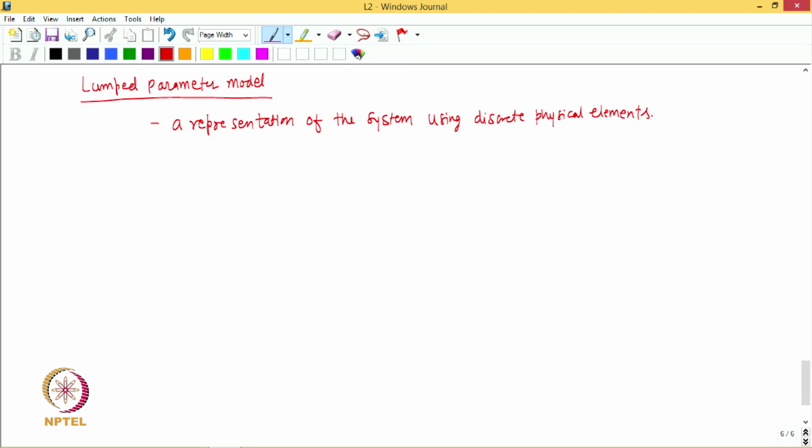But then the question arises, what kind of physical elements are to be used to make the model of a vibratory system? So, what are the elements of the model?